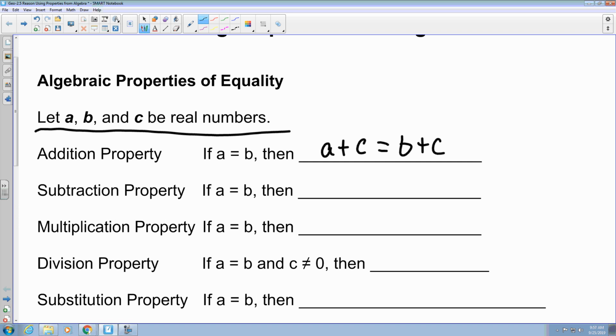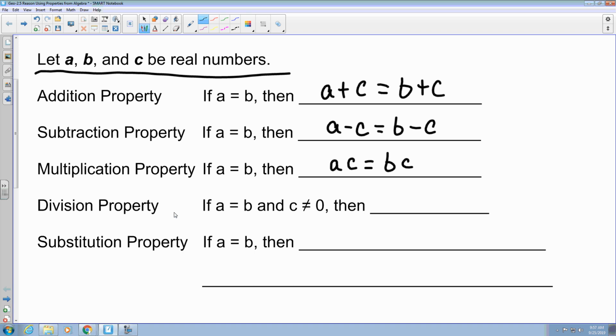Again, if A equals B, then we could subtract C from both A and B and still get the same answer. With multiplication, if we multiplied A times C, it would still equal B times C because A and B still equal each other. The division property states that we can do the same thing with division: A divided by C will equal B divided by C, as long as C does not equal 0.